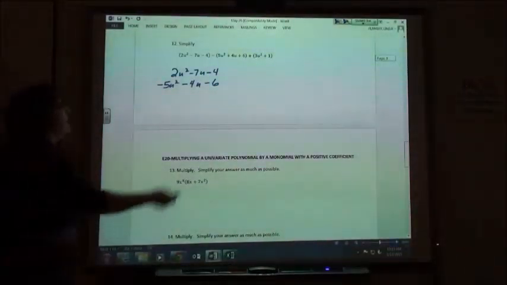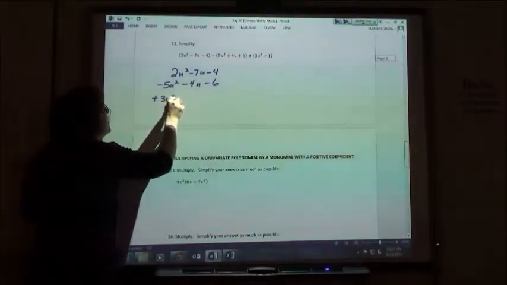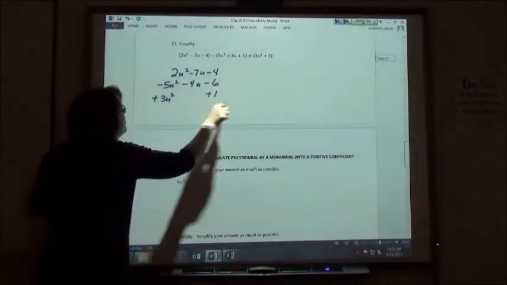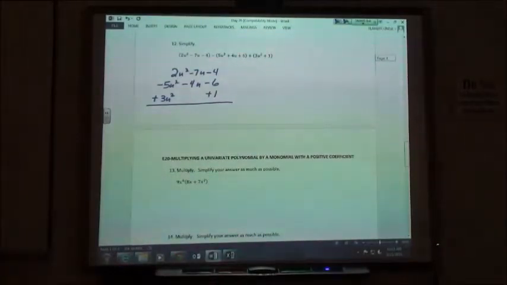Last one has the plus sign in front, so they stay the same. So we have a positive 3u squared, and then again they'll put the plus 1 with the constant terms.